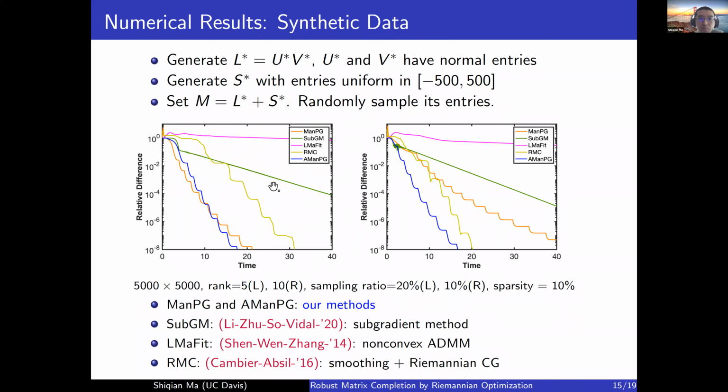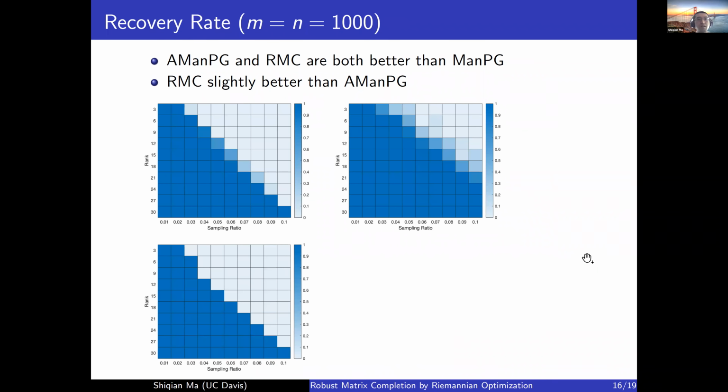We can see from this figure that both our AManPG and ManPG are better than the other three methods. And this one is a different instance. We found that our AManPG is still the best one. This time the RMC is the second best, then our ManPG, and they're all better than the other two methods. So this is about the random data.